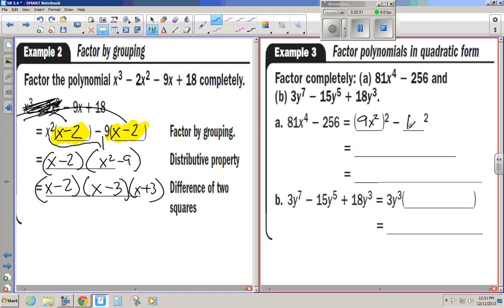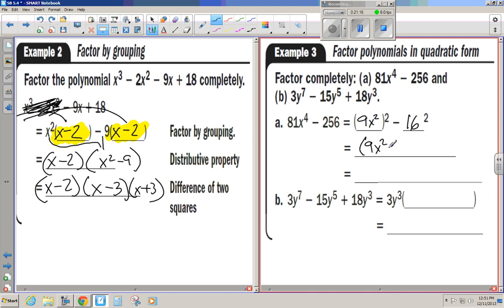And this is 16 squared. So take a look. 81 is 9 squared. X to the fourth is x squared, squared. Basically what's going on is you're pretending that x to the fourth is something else, because now it's a difference of perfect squares.